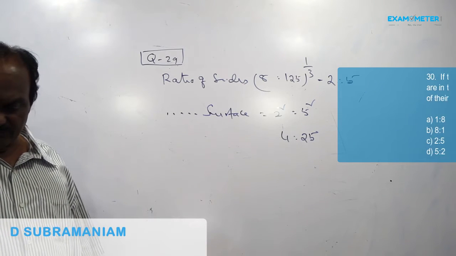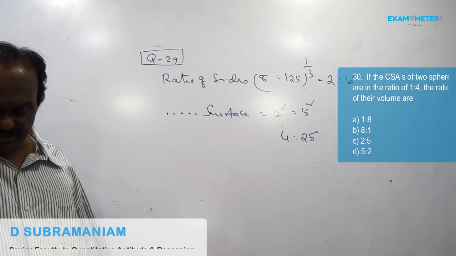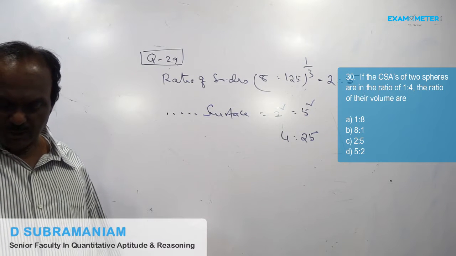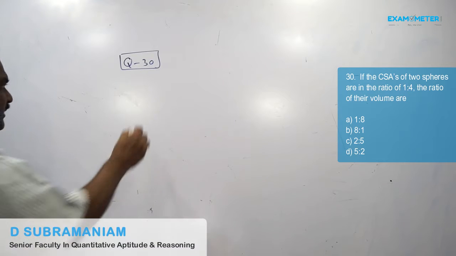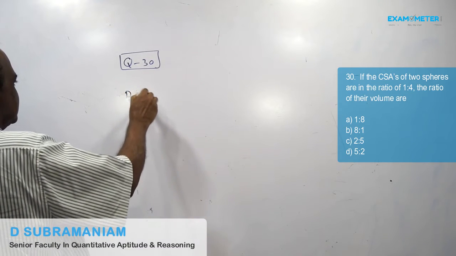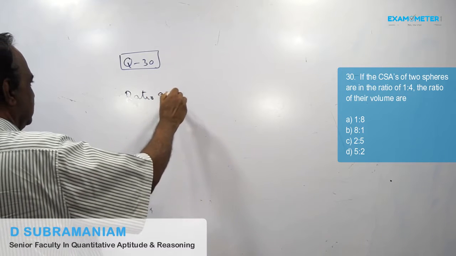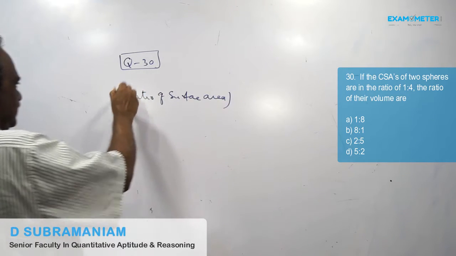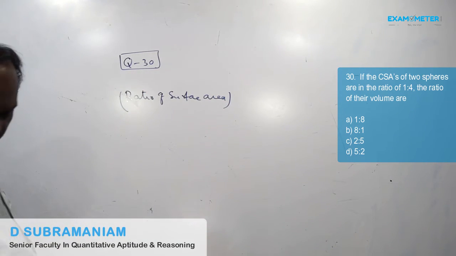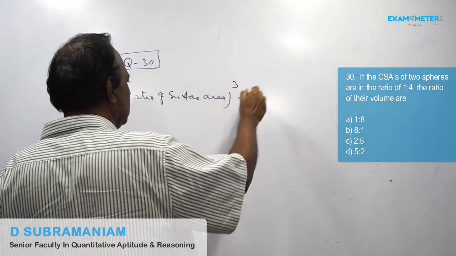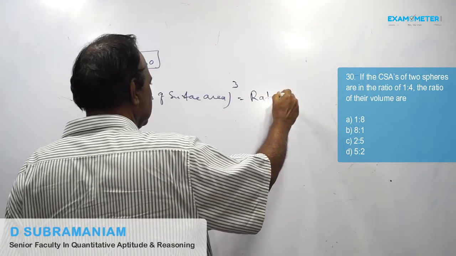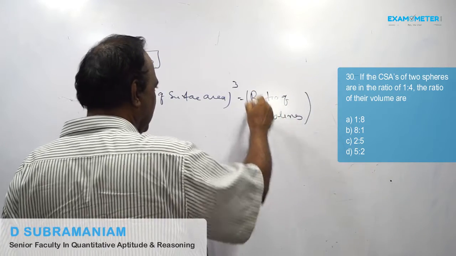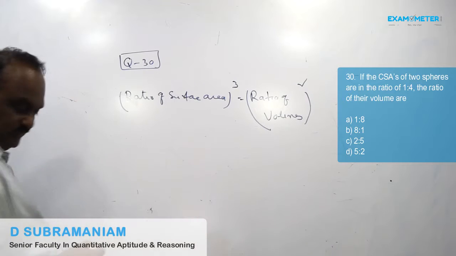If the curved surface areas of two spheres are in the ratio of 1:4, what is the ratio of their volumes? Ratio of surface areas of the whole sphere is equal to ratio of the volumes of the whole sphere.